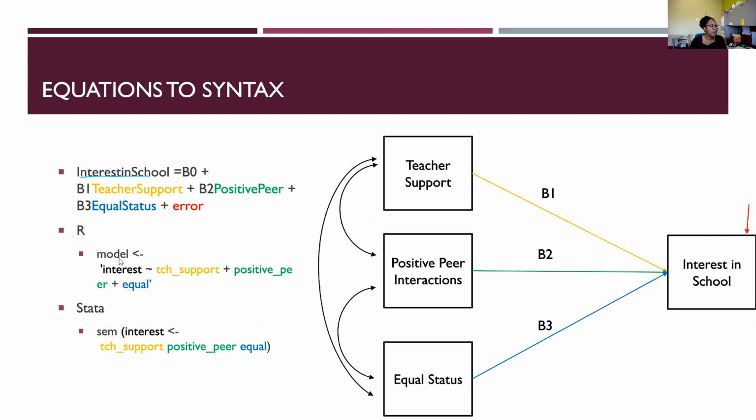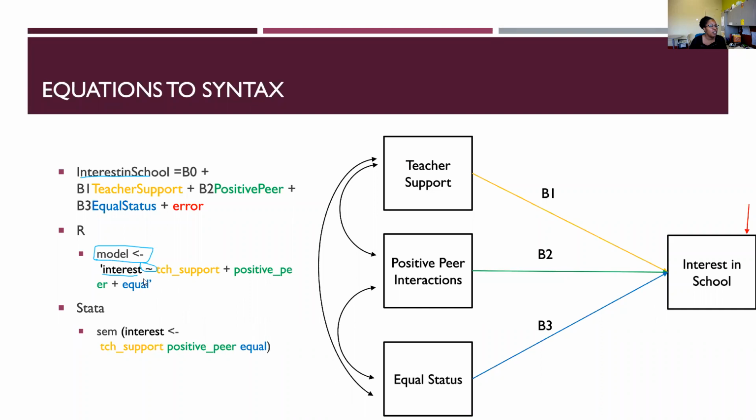So in R, you're going to set up a model. This is your model variable, and you're going to be putting into that variable interest, your dependent variable, and then you're going to use the tilde to say is predicted by teacher support plus positive peer plus equal, and these are the variable names right here.